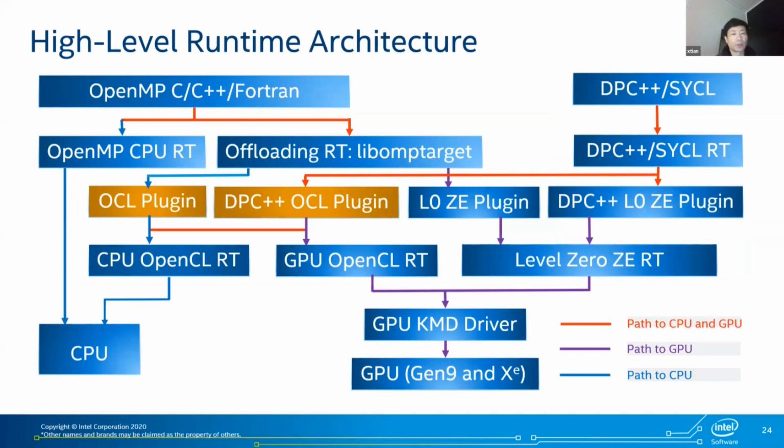We try to make sure we have a nice design so that we can add different plugins for the different devices. This has paid off over the years. As long as you want to enable a new device, you can add your new plugin and target it to your low-level GPU or device driver to make it work in a very short amount of time.